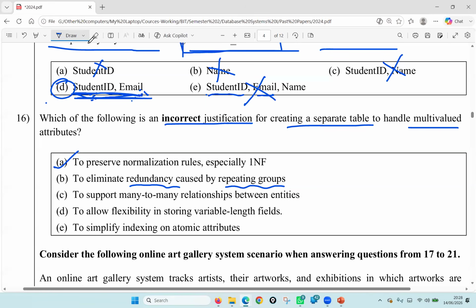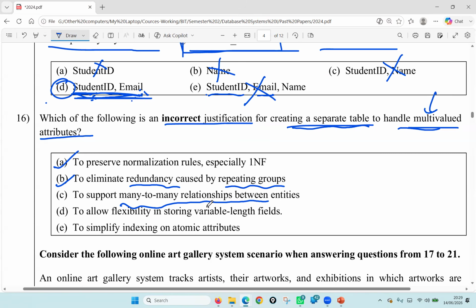Option C: to support many-to-many relationships between entities. When we have a many-to-many relationship, yes, we need to create a separate table.